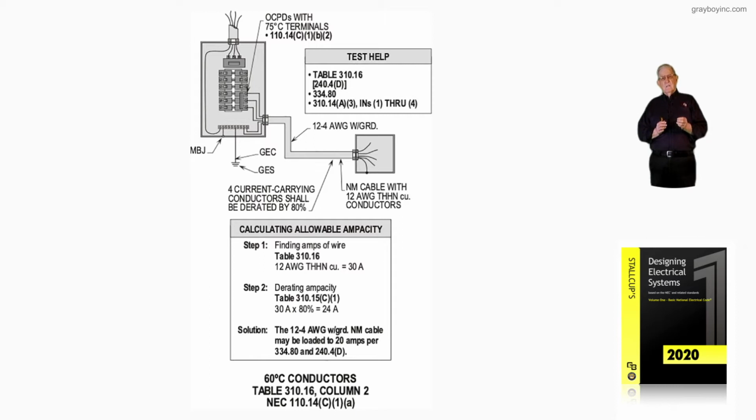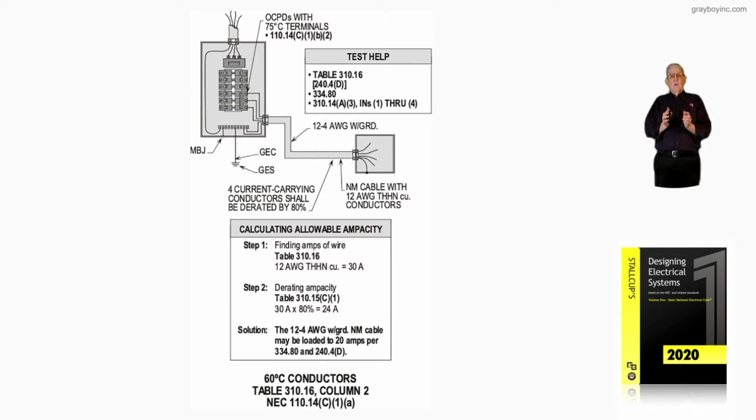Now, if you went through Volume 1 and went through Chapters 8 and 9, I recommend them two to be used together, then you would find that a circuit of 100 amps or less is 60°C terminals by 110.14(C)(1)(a).